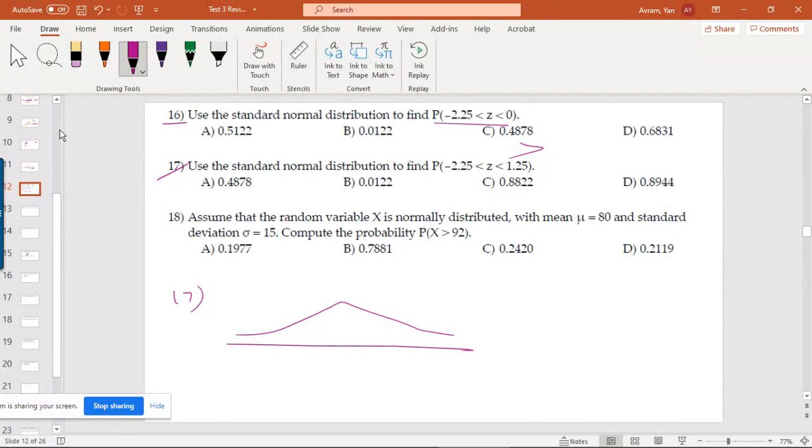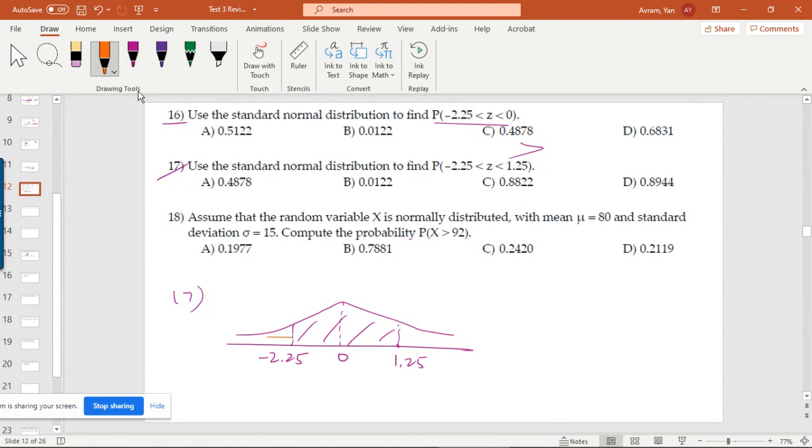We have a z-score that is negative. Remember, the z-score in the middle is 0. And then we have negative 2.25. We also have a positive 1.25. And then we want to find this area in the middle, right?